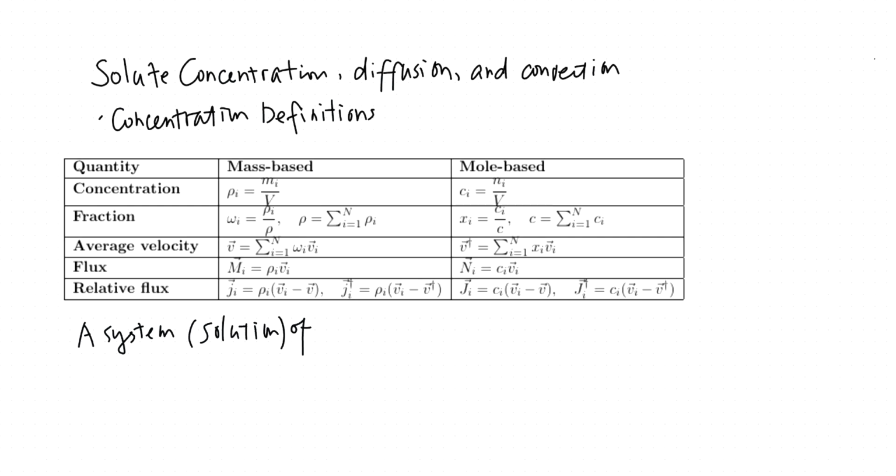A system of volume V, so it's capital V. And there are n species of solutes in the system.